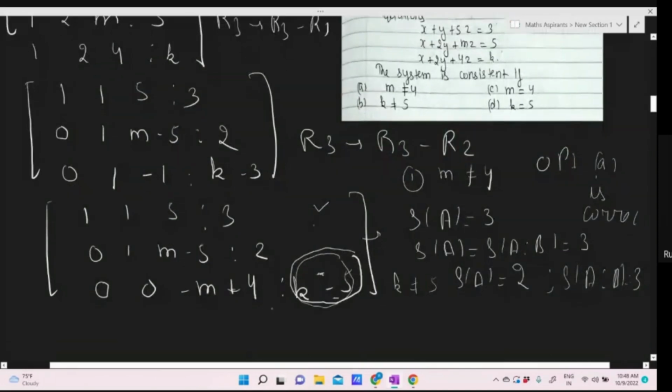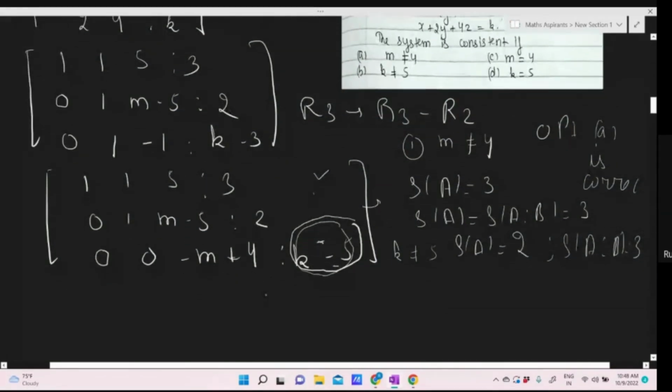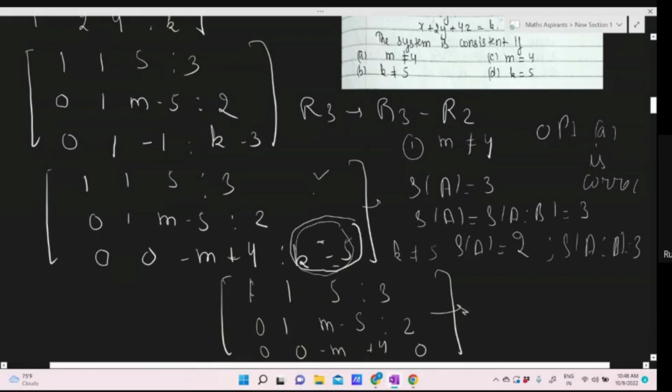Now for any value of M, we get 1, 1, 5, 0, 1, M minus 5, 0, 0, minus M plus 4, and this will become 0. Now for any value of M, this system will always have a solution, either unique or infinite.